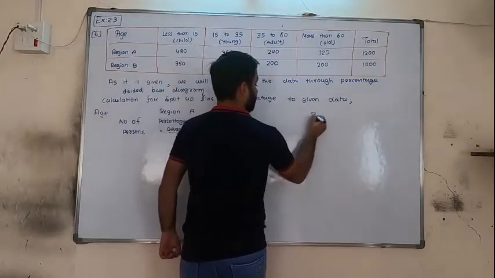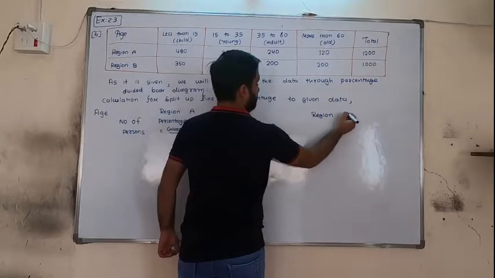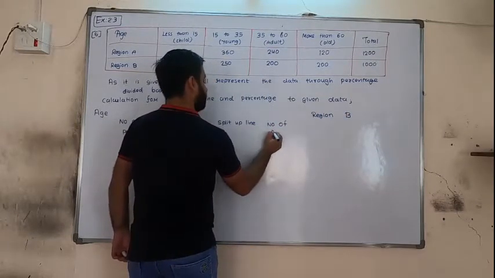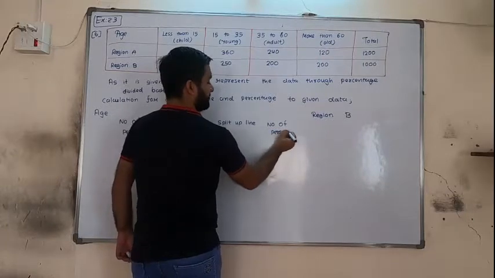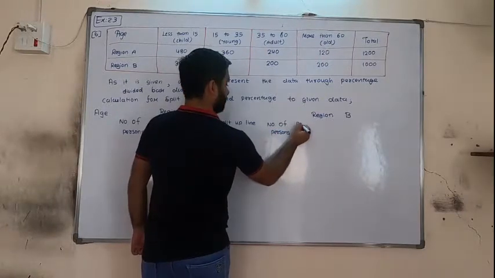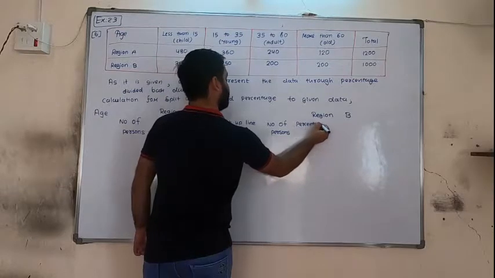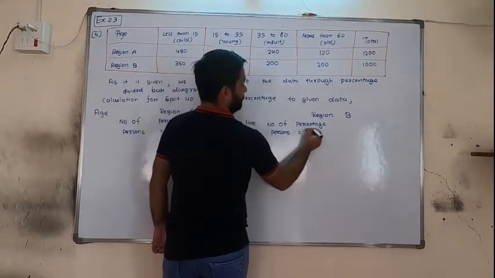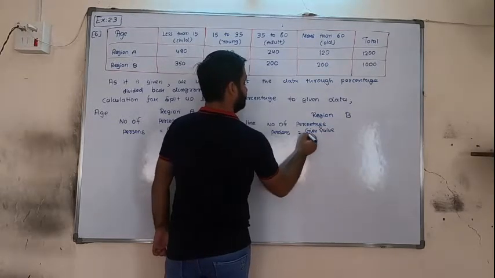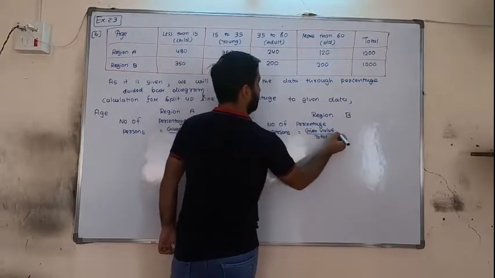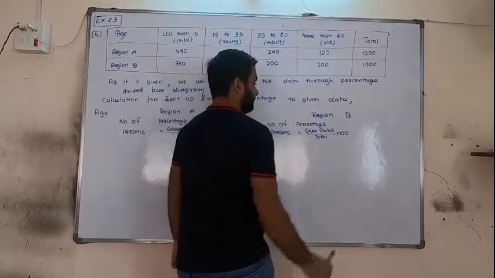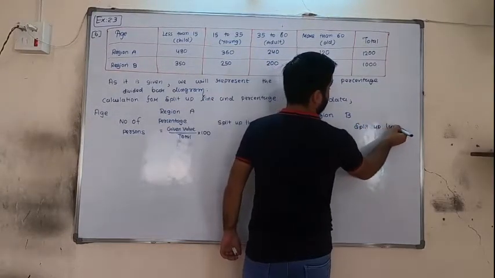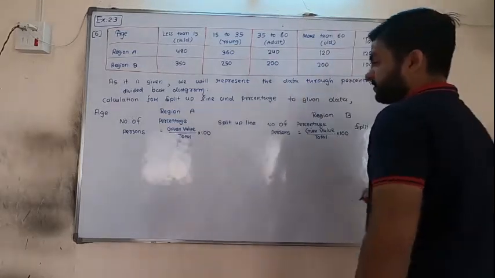Again, region B, number of persons, percentage is equals to given value divide by total multiply 100, split up line. You need this much column, friends.